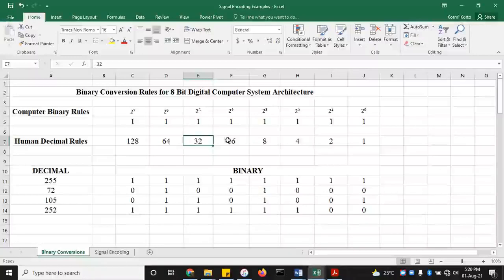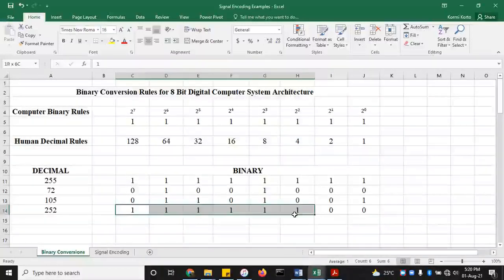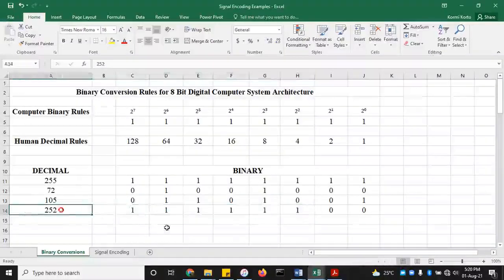Am I correct? 192 plus 32 is 224. Yes, so 240. 240 plus 8 is 248. 248 plus 4 is 252. There you go. So that adds up to 252.